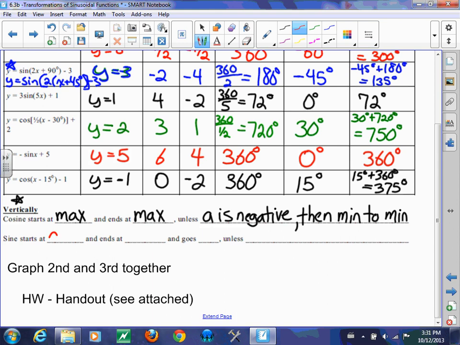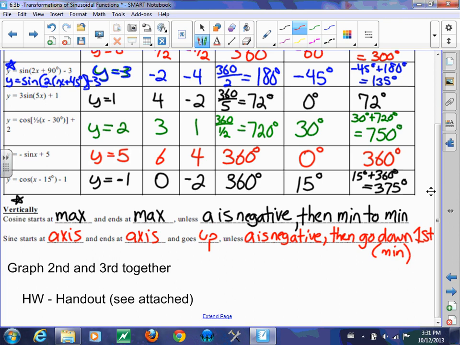Sine starts at the axis and ends at the axis, and it goes up, unless A is negative. Then it'll go down first, so it's really going to go to its minimum first, as opposed to its maximum, which it normally does.